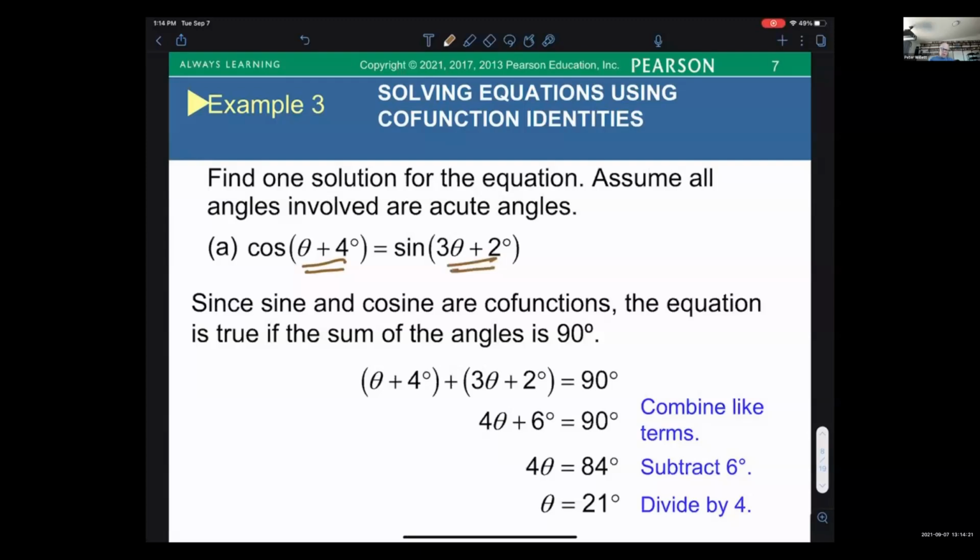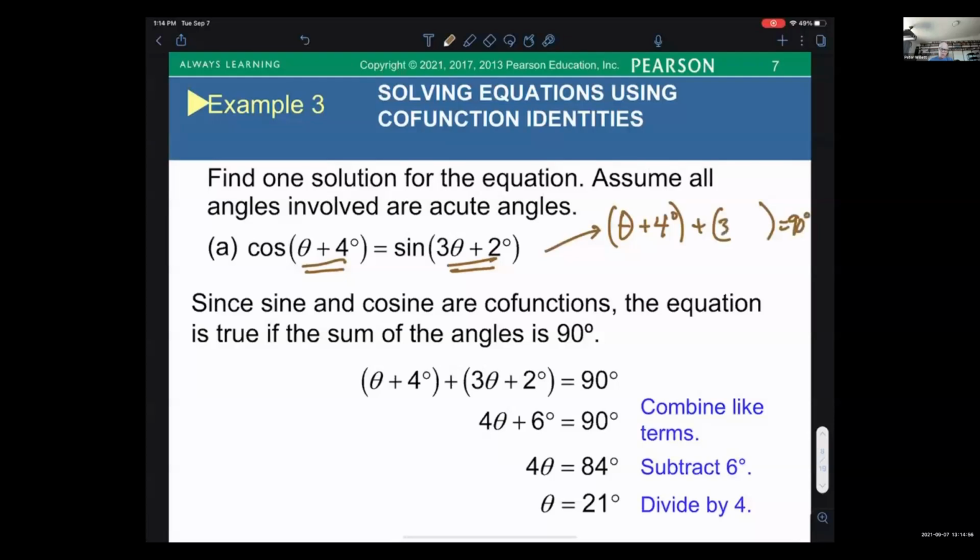And for the cosine to equal the sine, that means that the stuff in there adds up to 90 degrees. So that would mean, from that table, that theta plus 4 has to end up being equal to 90 minus the other one. Or actually, I'll just do it the way I said it. That's the way they did it, but I like the way I said it better, which is that the first angle plus the second angle adds up to 90 degrees.